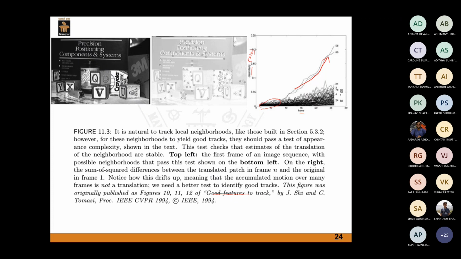When you look at the SSD plot with respect to the frame, we observe that at some point there has been some error in which the SSD value started giving a high value. If the SSD value keeps giving you a high value, it means that the object is no longer being tracked properly, and there is some error over there. This is when you are assuming a translation transformation between each frame.